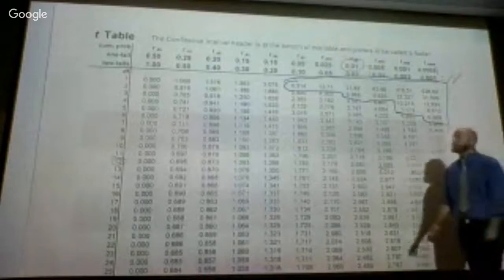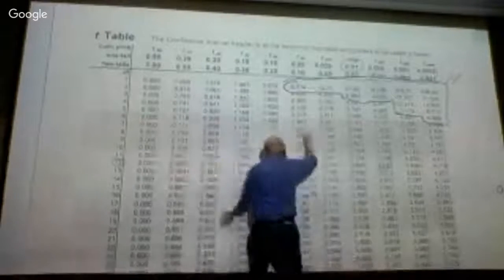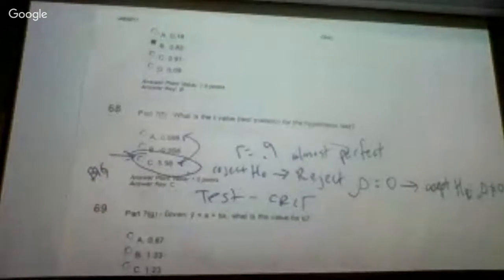A large test statistic means you reject the null. And 6 is a large test statistic. It would reject the null for all of these nulls. These are the ones bigger than 6. This is big. That means reject the null.